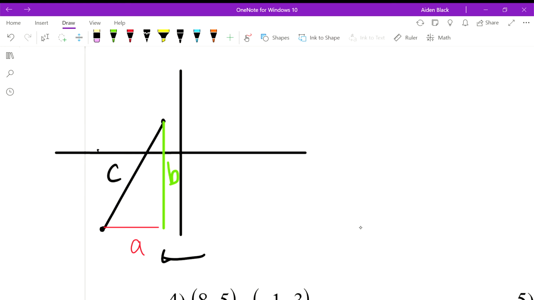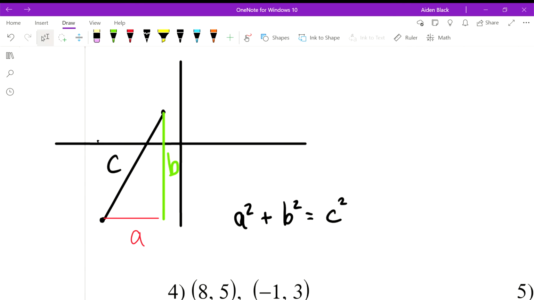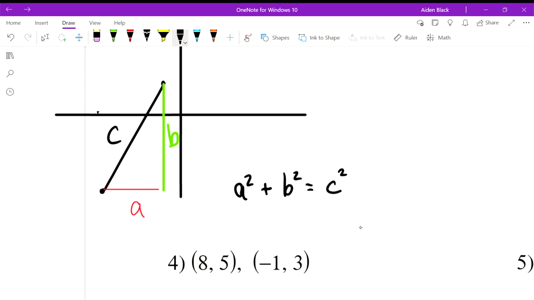Find this value, you square it, A squared. Find this value, that's the length of that vertical leg, you square it, and it's equal to your hypotenuse squared. That's the distance between your 2 points squared. You end up with, after a bit of algebra, the distance between the 2 points is A squared plus B squared, all under the square root.